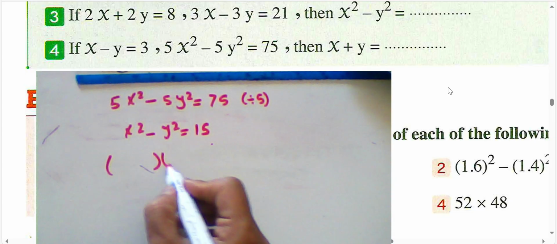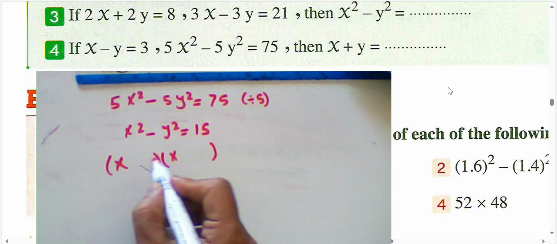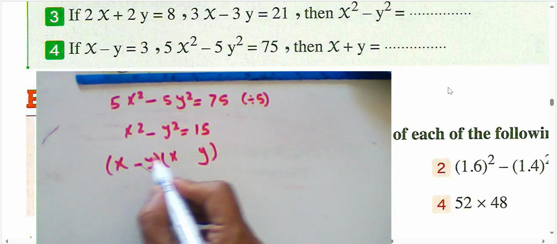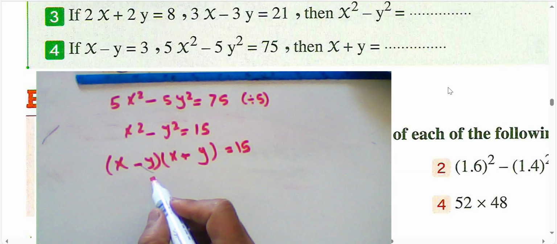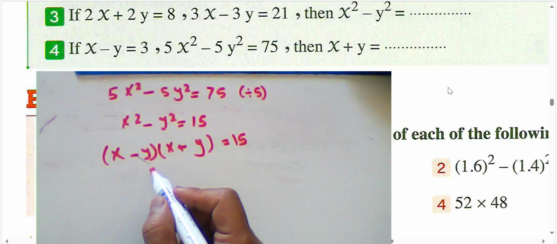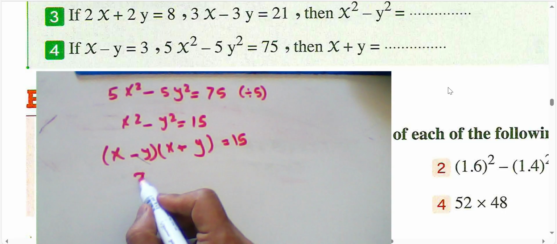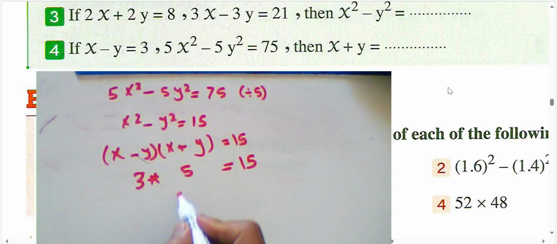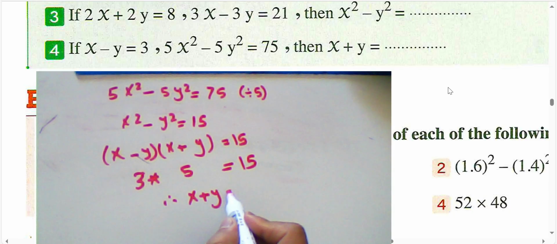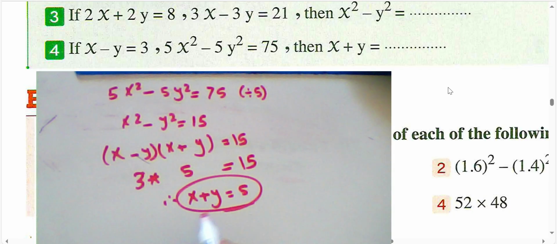Then we can factorize this expression, x times x and y times y, negative and positive, equals 15. He gives us x minus y equals 3, then 3 product by what equals 15? 3 product by 5, then x plus y equals 5.